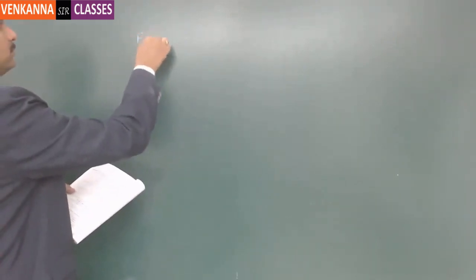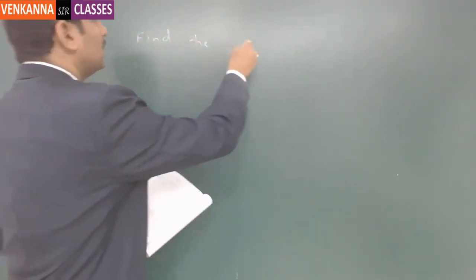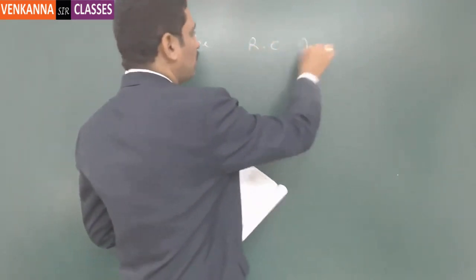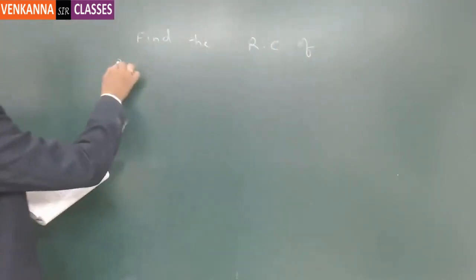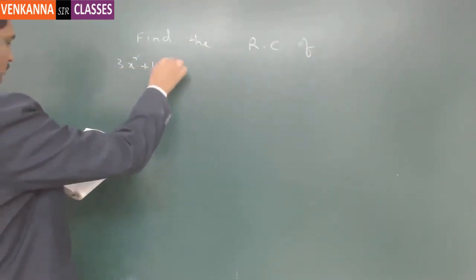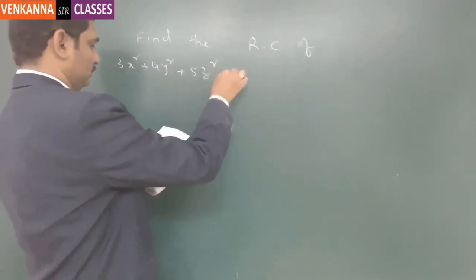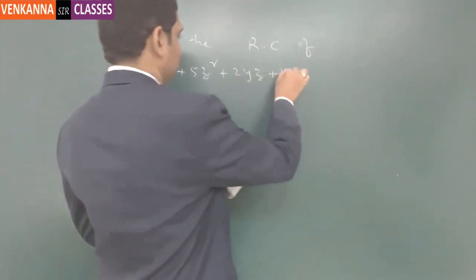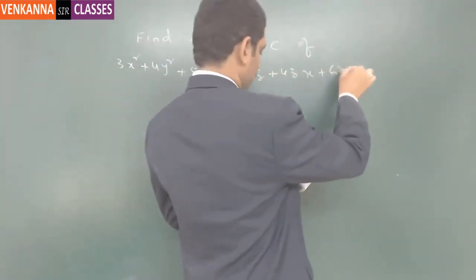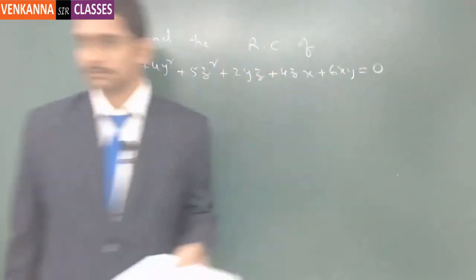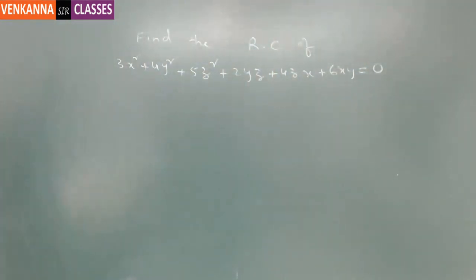So let us take the first problem. Here it is. Find the reciprocal cone of 3x square plus 4y square plus 5z square plus 2yz plus 4zx plus 6xy equal to 0.